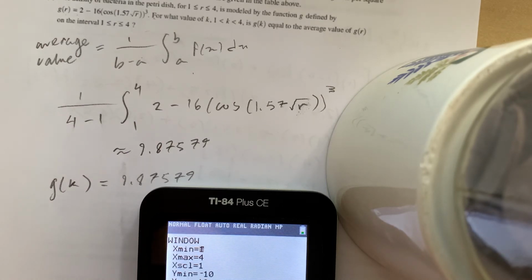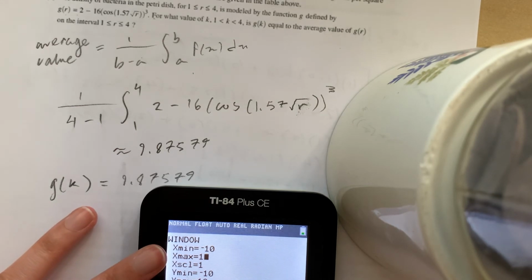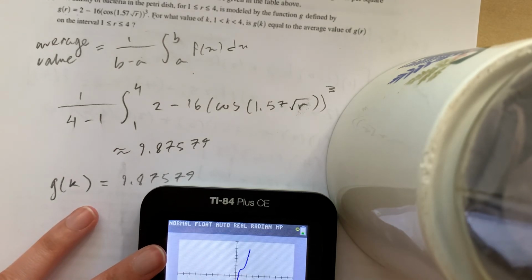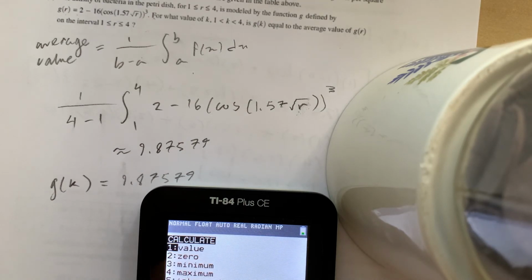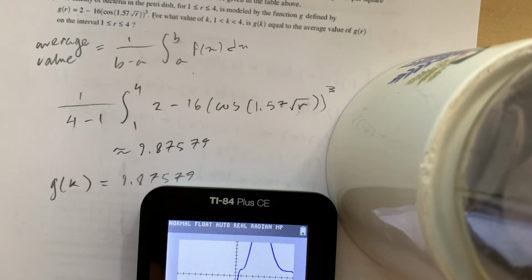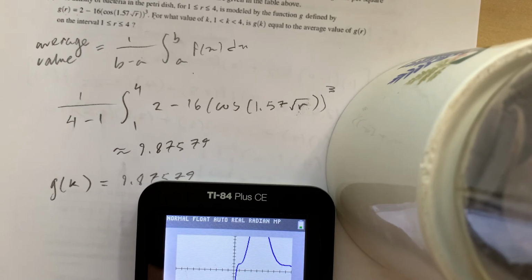Does it have to do with the window maybe? Okay. So now I'm going to try this again. Second calc, I'm going to say value, and here I want to get 9.875.